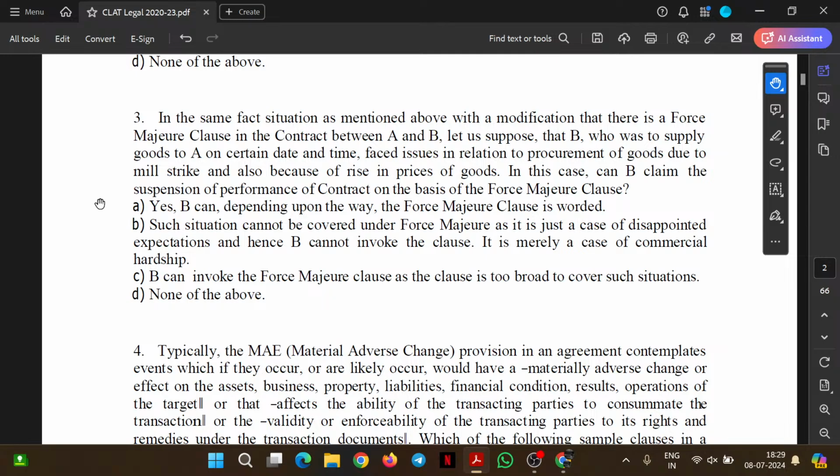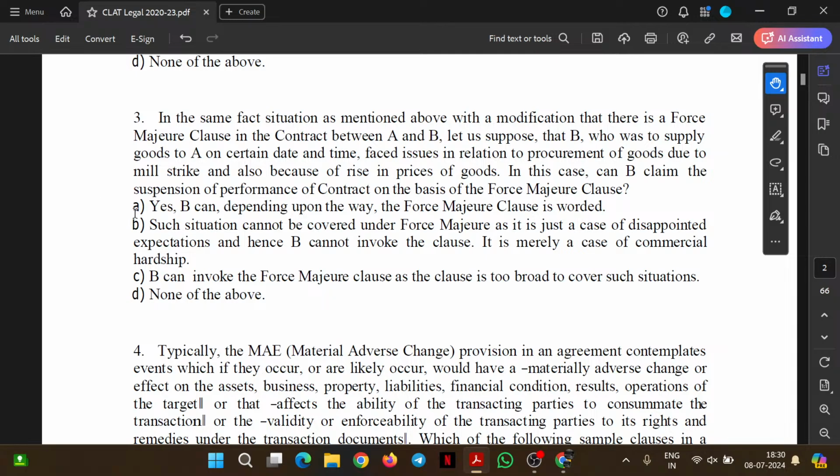Both these conditions, looking through the lens of a reasonable prudent man, can be predicted beforehand by any reasonable individual. So, as a first-hand opinion, I think that this cannot be considered a condition for force majeure clause. Let's use the options and see what is the most appropriate option in such a situation.